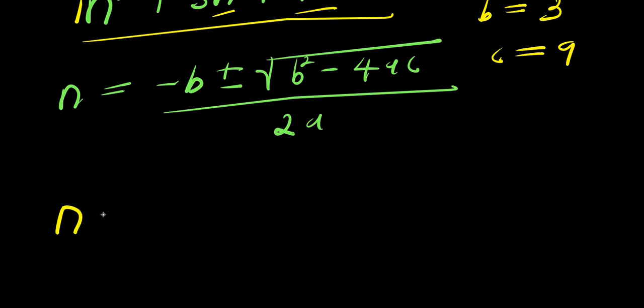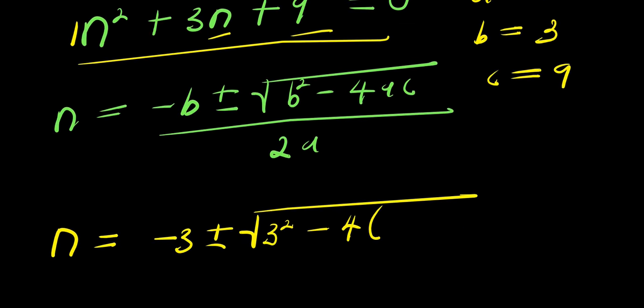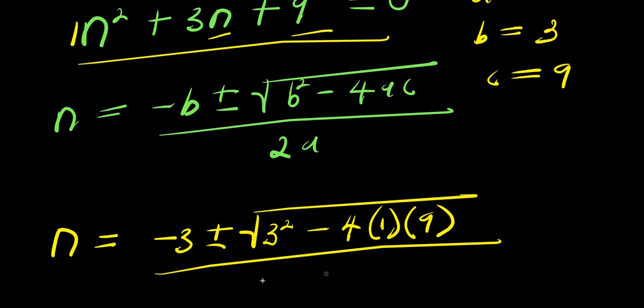So from here, I have n equals negative b, negative 3 plus or minus square root of 3 power 2 minus 4 times a times c, times 9, divided by 2 times a.